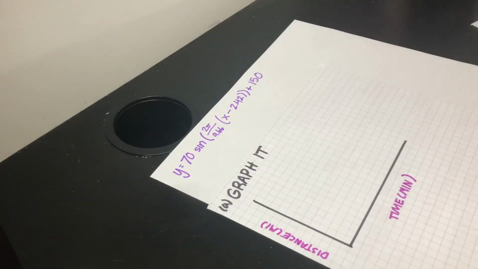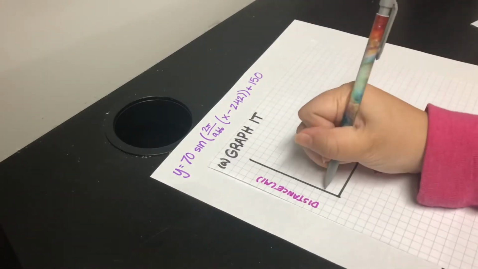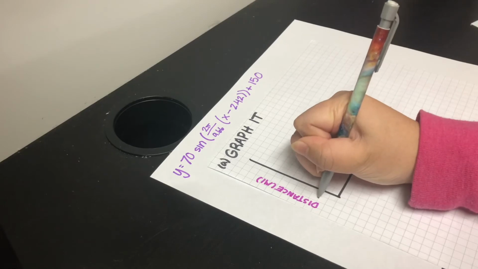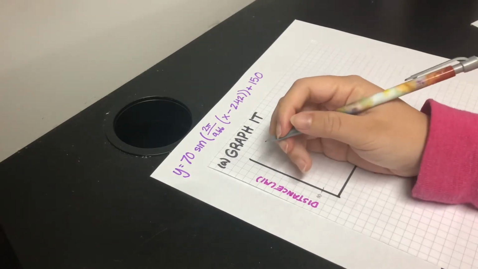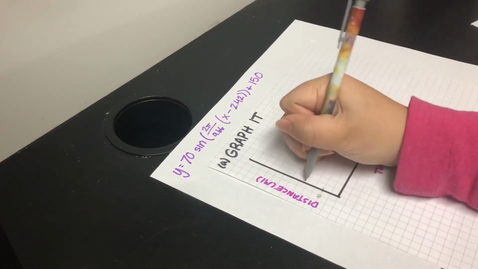And then from there we can start numbering our axes. So for the y-axis I decided to go up by 50, since the maximum point is 220, so might as well.